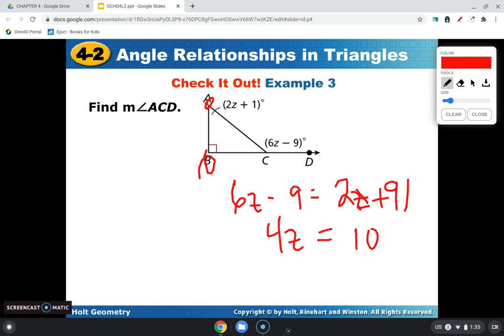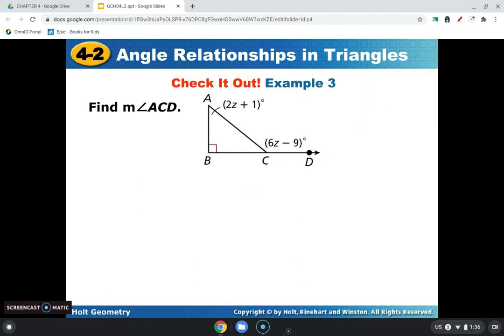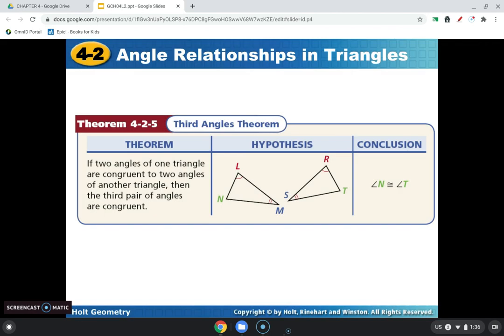I'm going to add 9, divide by 4. So z turns out to be 25. It asked for ACD, which would be that angle right there. 6 times 25 is 150, minus 9 is 141 degrees. The exterior angle theorem.